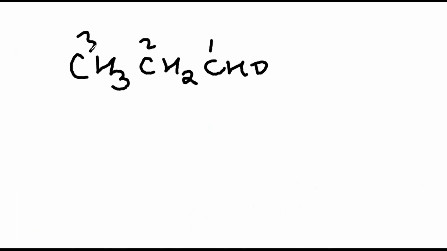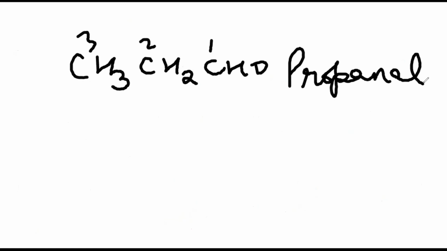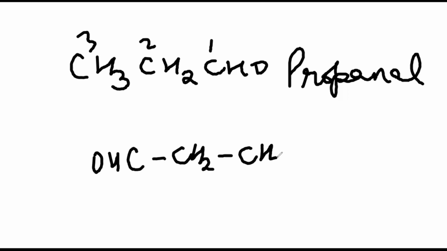चलो एक और एग्जांपल, CH3, CH2, CHO, right? So 1, 2, 3. We know this is a propanal, right? अब फिर से भैया, I am saying CHO, CH2, CH2 and COOH. Now I have two functional groups.